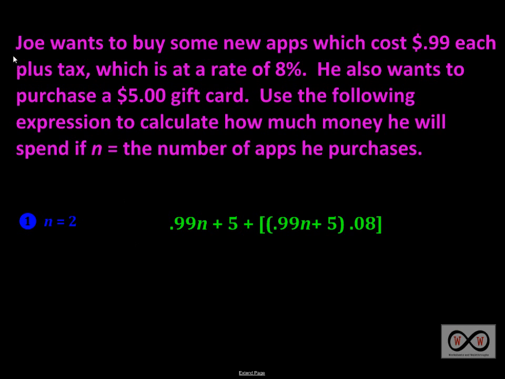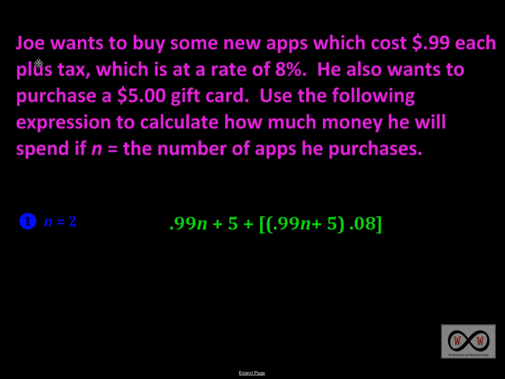Joe wants to buy some new apps which cost 99 cents each plus tax, which is at a rate of 8%. He also wants to purchase a $5 gift card. Use the following expression to calculate how much money he will spend if n equals the number of apps he purchases.